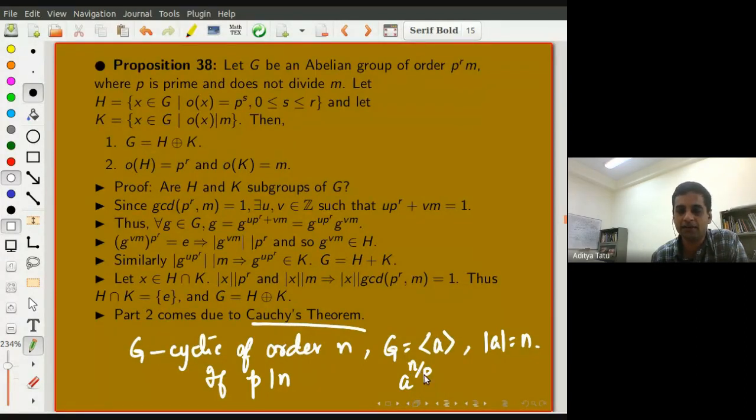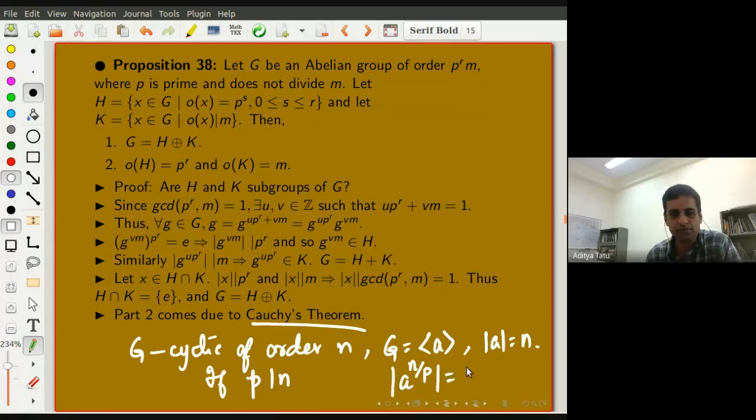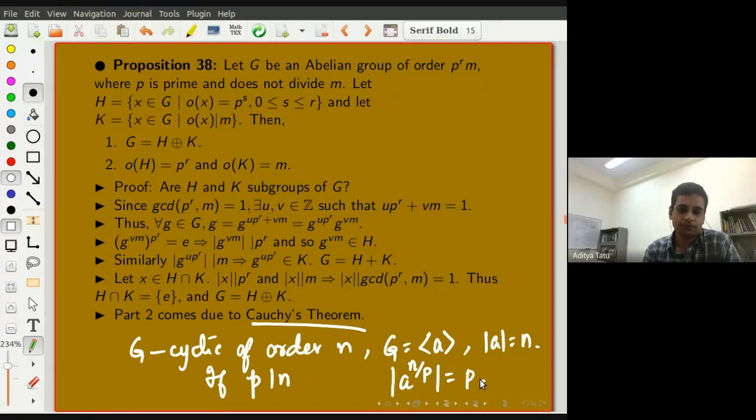A to the power n by p makes sense because p divides n, and n by p is an integer. Of course, its order is p. So for cyclic groups, you give me any integer which divides the order of that cyclic group, there will always exist an element with that order.